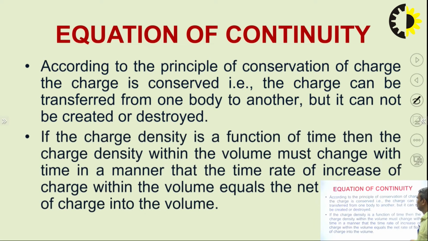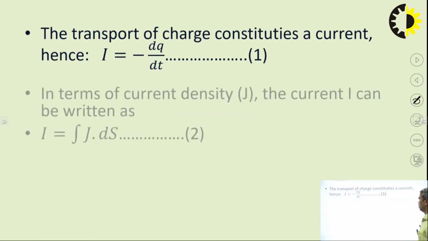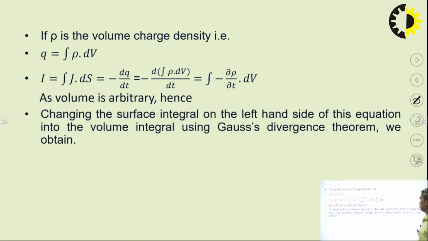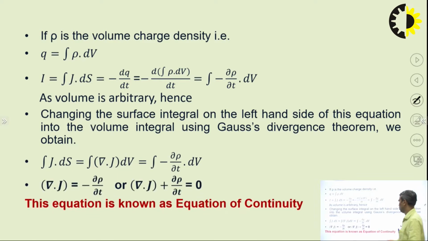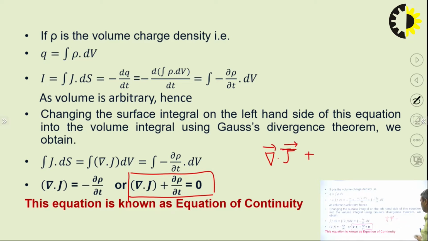So, the equation of continuity is basically conservation of charge. So, this is the equation of continuity. Its physical significance is that if you take the divergence of J, J means current density, and rho means charge density.